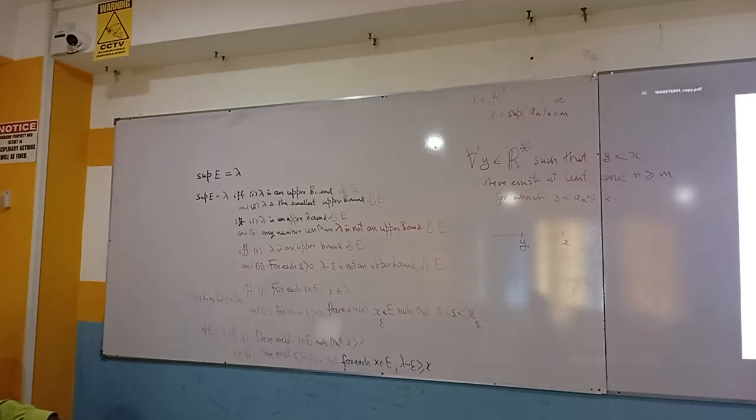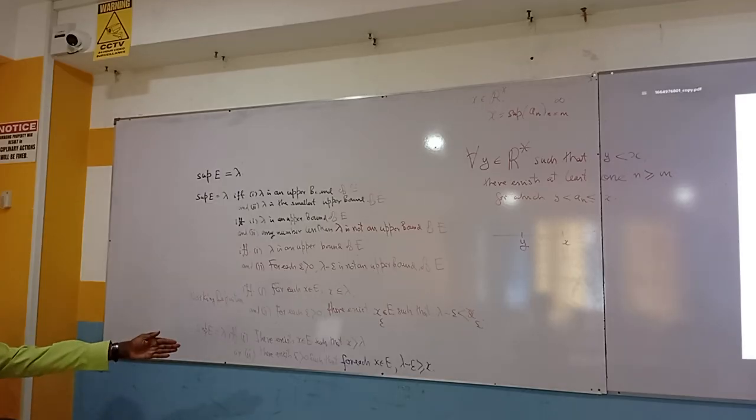It's good that you give a number between y and x. Of course, there are infinitely many rational numbers and infinitely many irrational numbers. That's very good. But here it doesn't come because we need this a_n. It is just some real number. How do we know that?